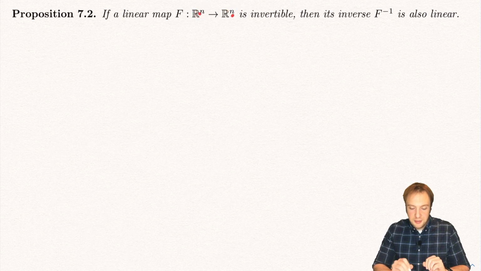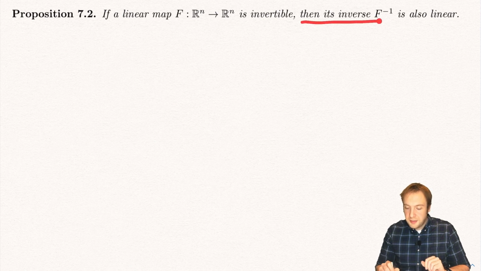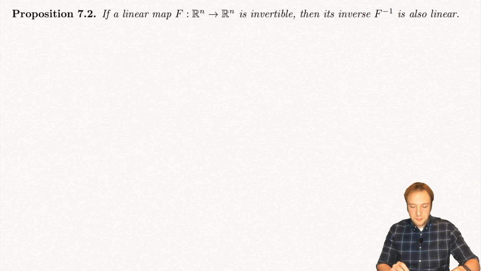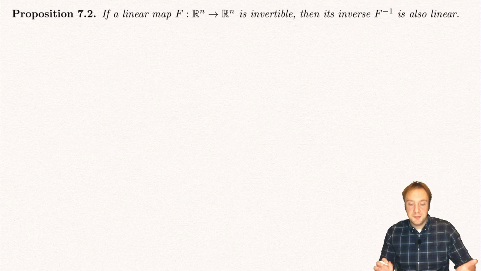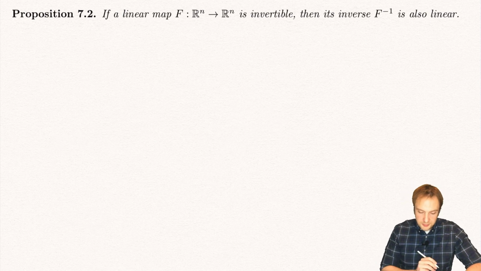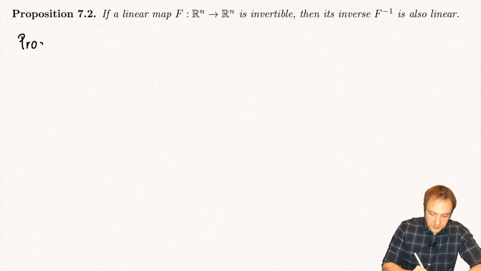So now let's say I have a linear map from R^n to R^n which is invertible, and then the statement is the inverse going in the other direction is also linear. And to show that something is linear means we need to check these two conditions. So let's prove this.